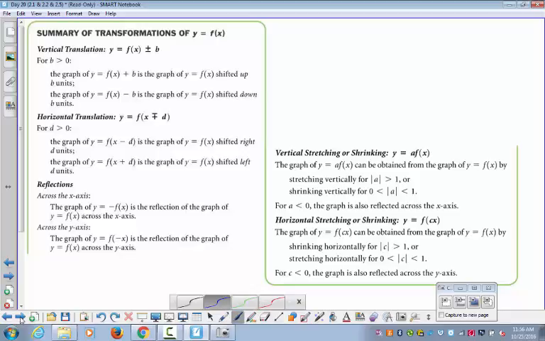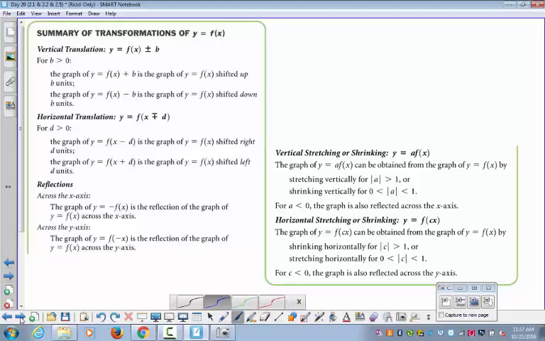And then, of course, horizontal compression or stretching. If you look inside and there's a constant inside, what we notice is that it's opposite here. Outside the function, bigger than 1 means stretching. Inside the function, bigger than 1 means shrinking. Okay, so outside bigger than 1 is stretching.